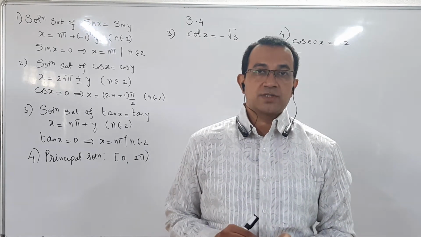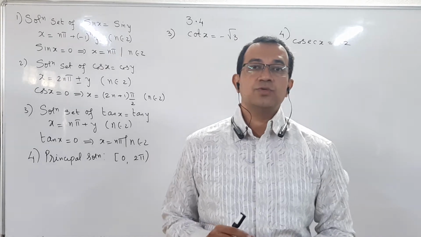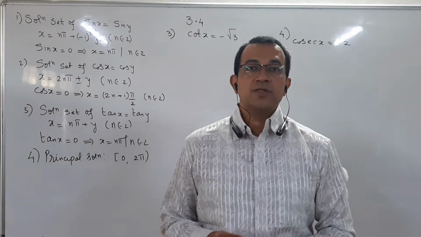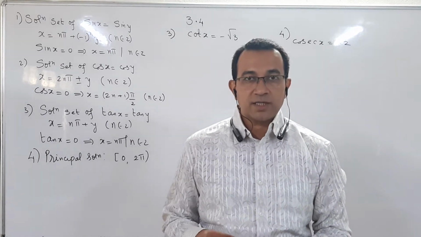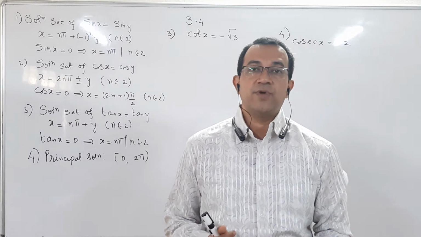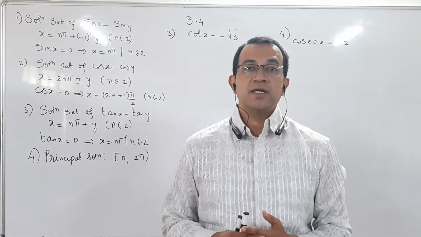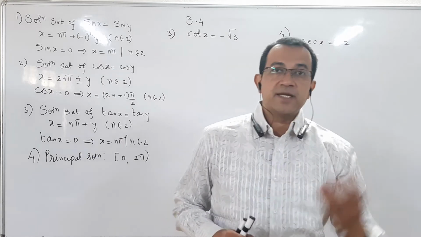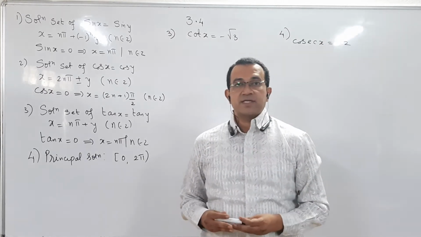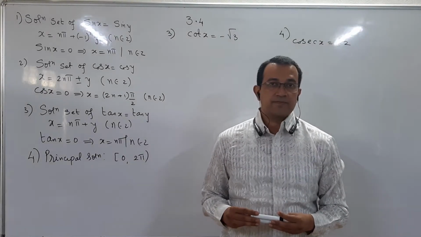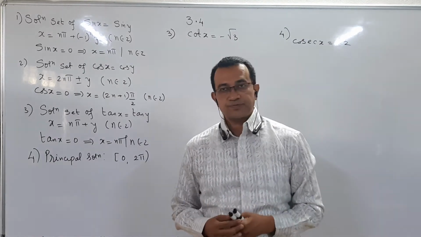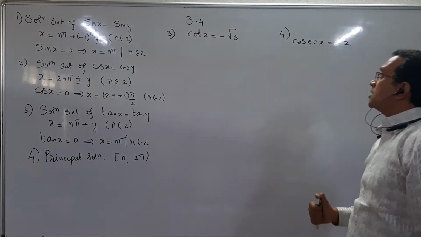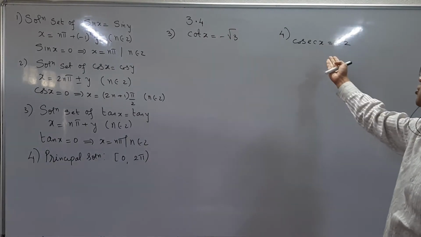Now, today students, I am going to explain something which is very important and very applicable in your physics as well as chemistry. We have not written the solution set of cot x and cosec x.